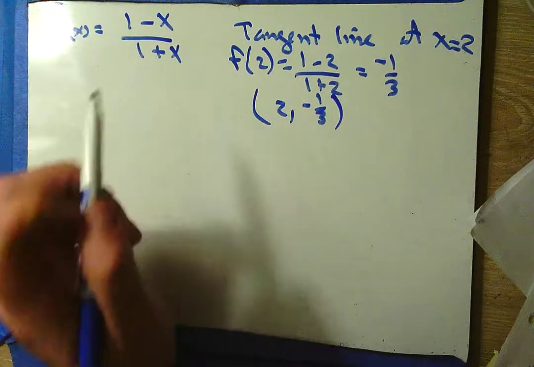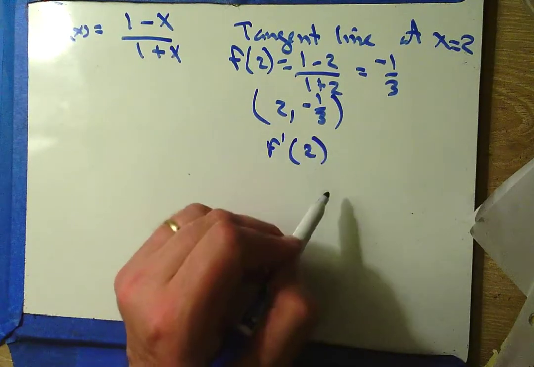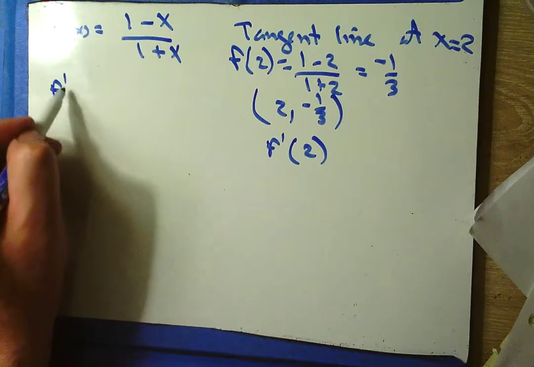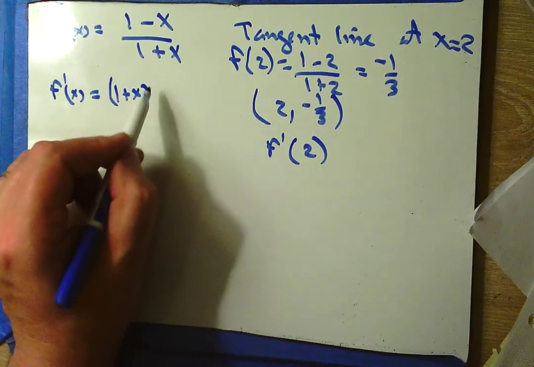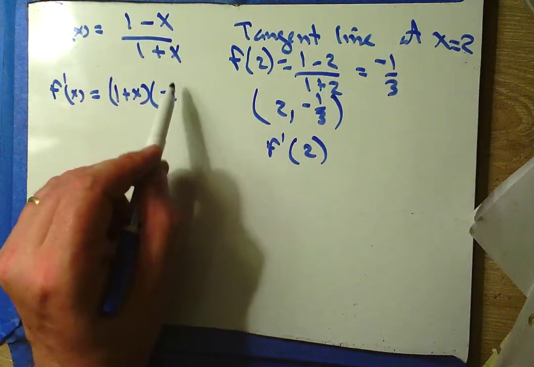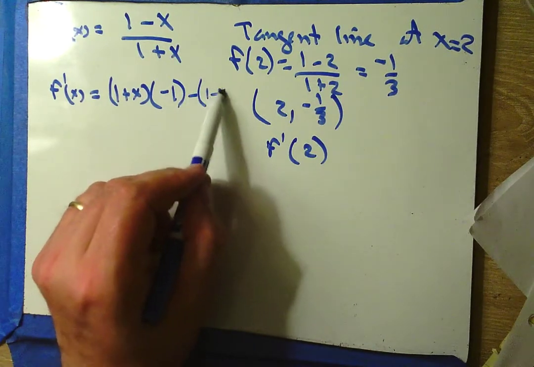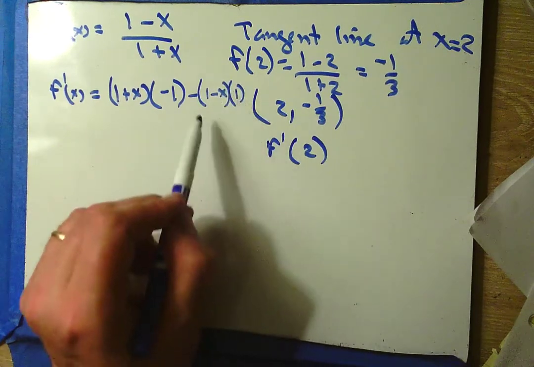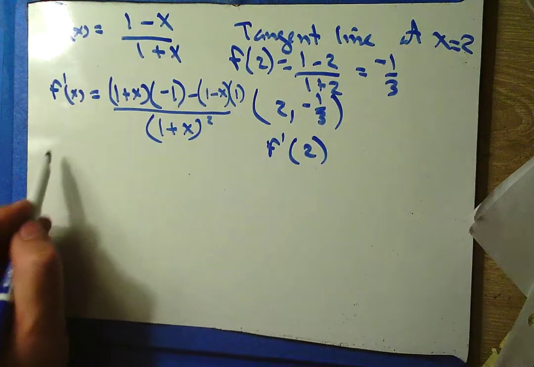But we also need a slope, and for that, I need f prime at 2. So let's take the derivative of f of x using the quotient rule. Low, d high, watch out, the derivative of negative x is negative 1, not positive 1, minus high, d low, the derivative of positive 1x is positive 1, over 1 plus x squared.